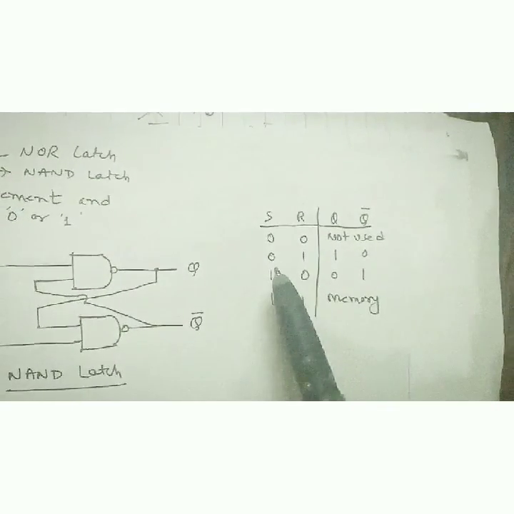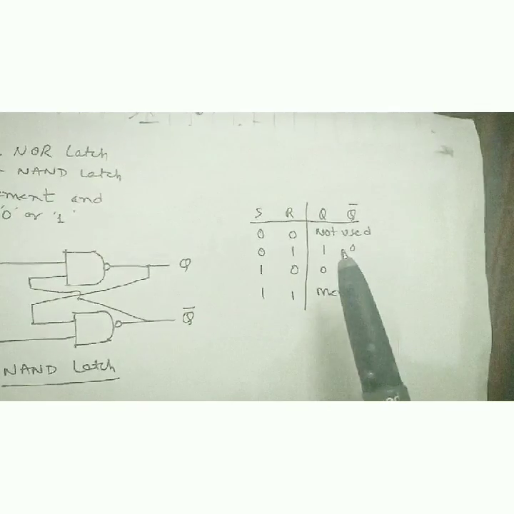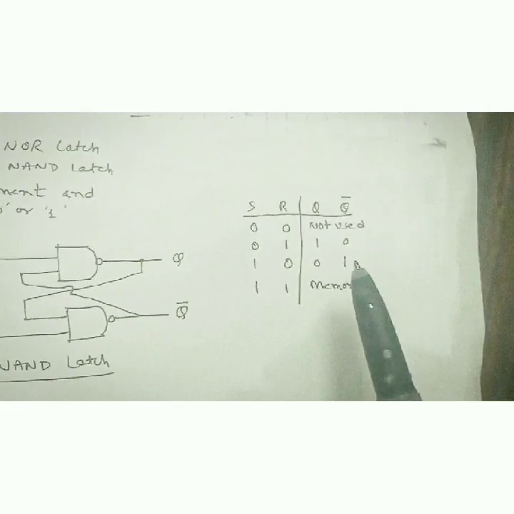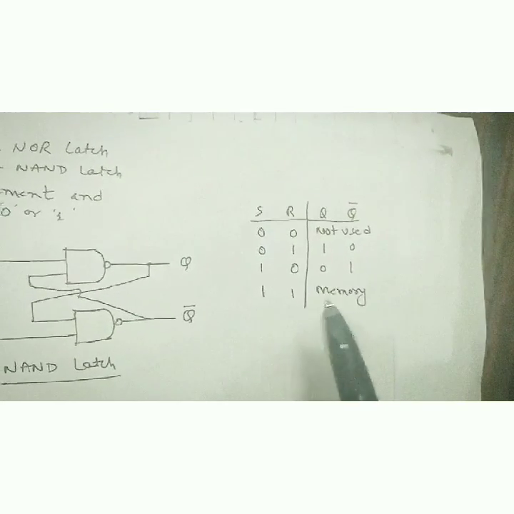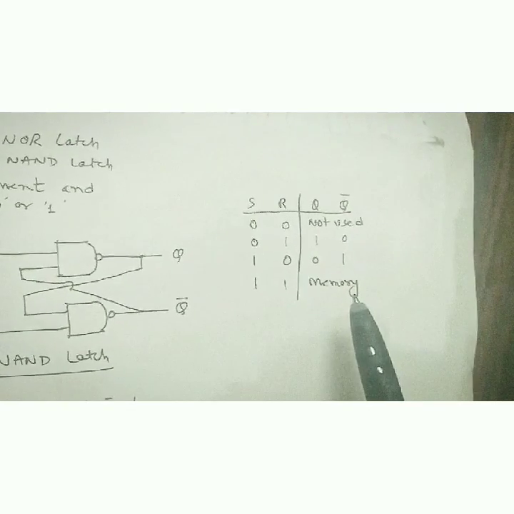And here we are having, when S is 0, R is 1, Q is 1, Q bar is 0, and when S is 1, R is 0, Q is 0, Q bar is 1. And when both inputs in NAND latch are 1 1, that is known as memory state or no change state. So this is all about the latch, and mainly the NOR latch and NAND latch.